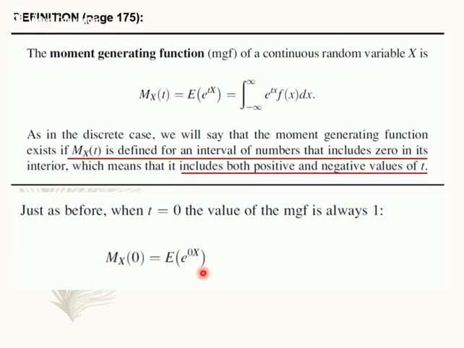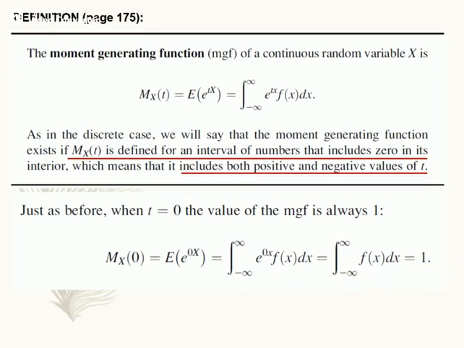So according to the definition, this is what the moment generating function looks like. And e to the power of 0x is equal to 1. Therefore, you're just left with this integral over the PDF. But remember, for a PDF to be valid, which is the assumption in this case, the area under the entire PDF must be equal to 1.